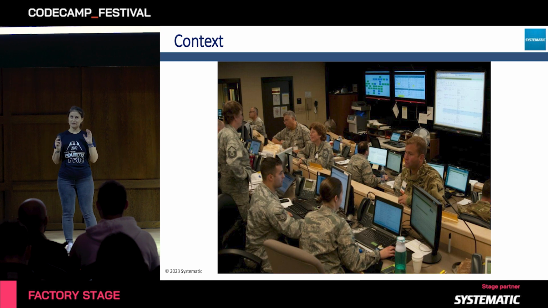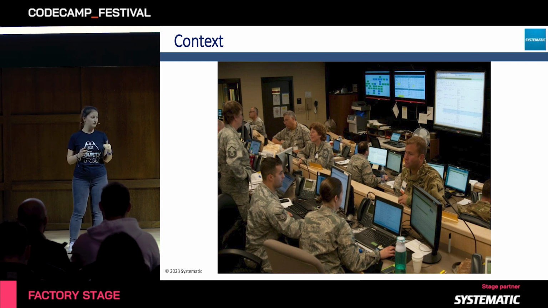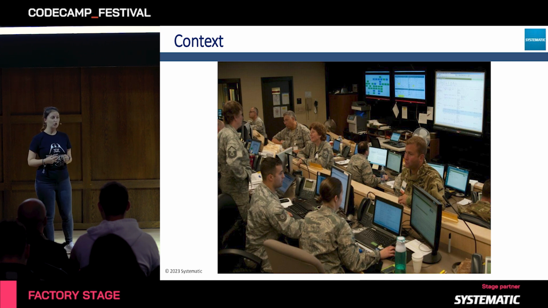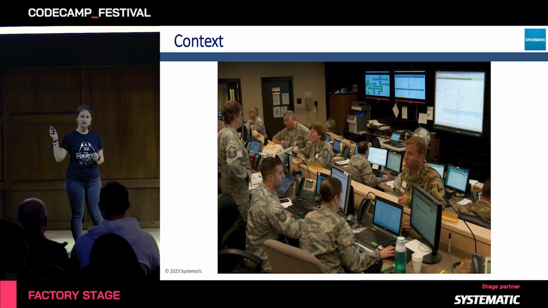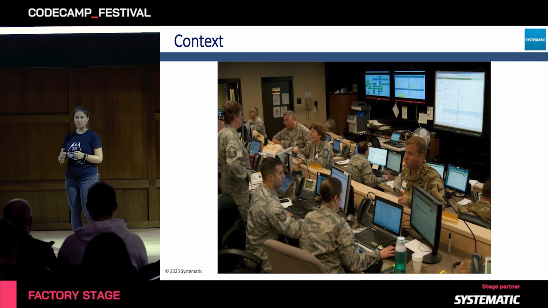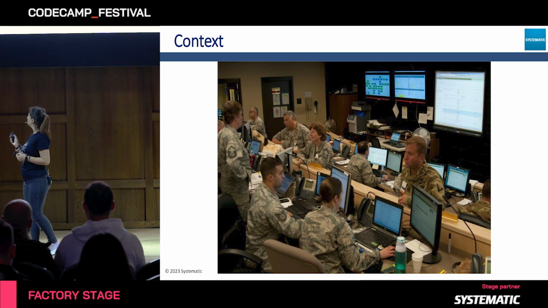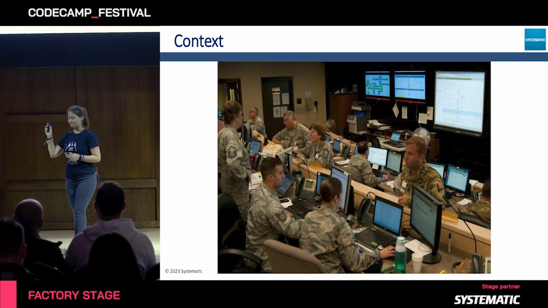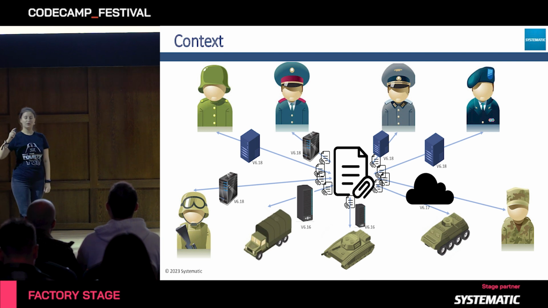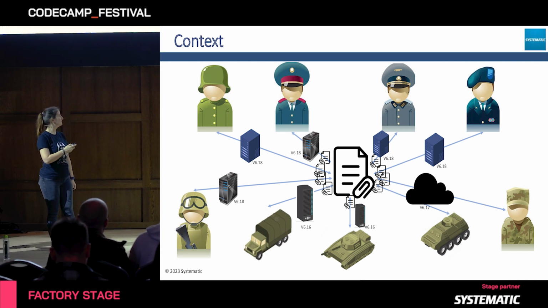And they all work together on that. And in an organization, there are multiple users, and those users might have different security clearances. So not all of them might have access to the same information. On top of that, since we're talking about a military operation here, most of the time that happens in an air-gapped installation. So that means no internet. And that is the complex scenario we're working with, where we have to have a lot of users working from different places.